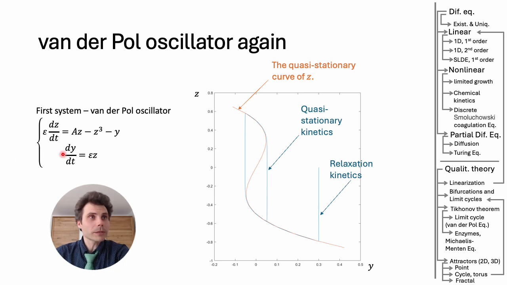So here is the equation. The red cubic curve is the quasi-stationary state of Z. The blue curve represents first the relaxation kinetics, and then it just wraps itself around the quasi-stationary curve in a loop like this. Here is the limit cycle.